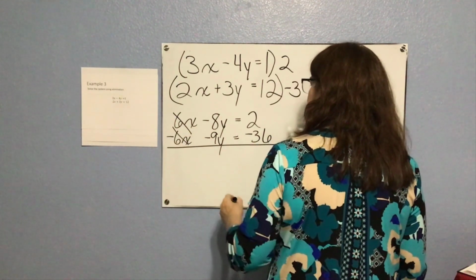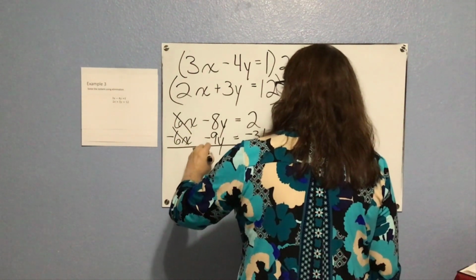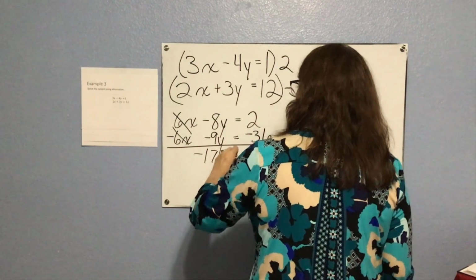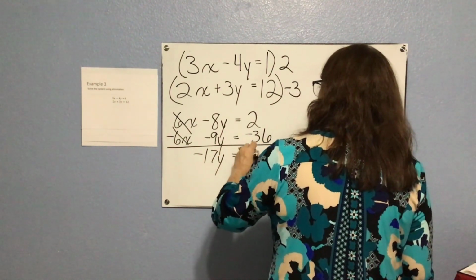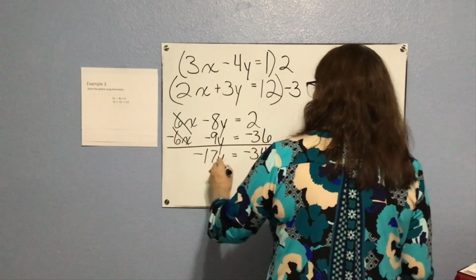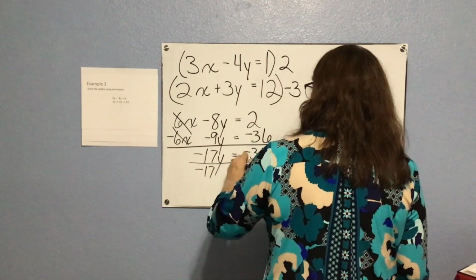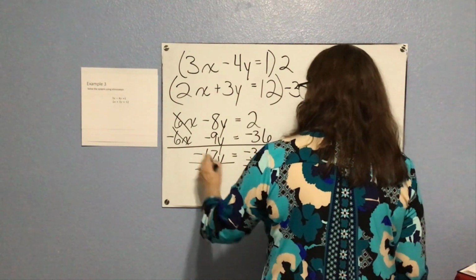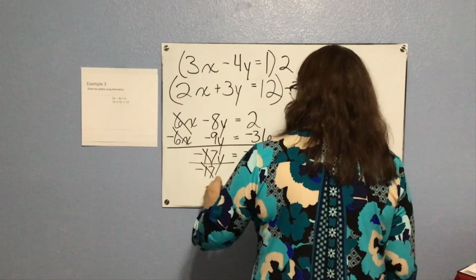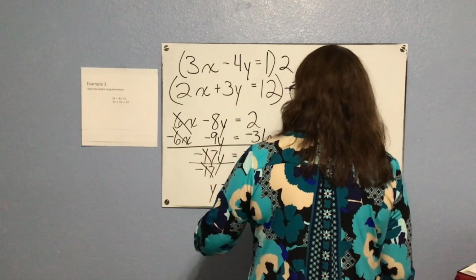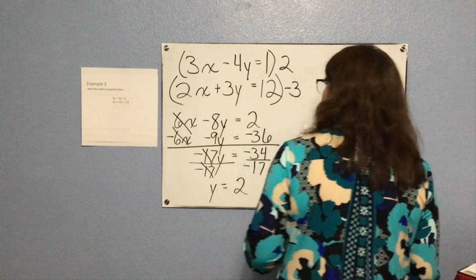The 6x's cancel out. I have negative 17y equals negative 34. When I divide by negative 17, I end up with y equals positive 2.